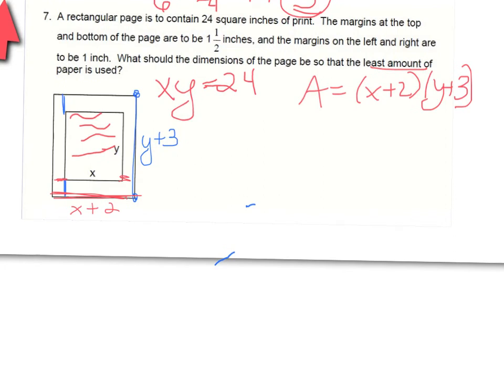So now we have to isolate a variable from this first equation, and I'm going to isolate the y. So y equals 24 divided by x. And then we're going to substitute that into the equation on the right.